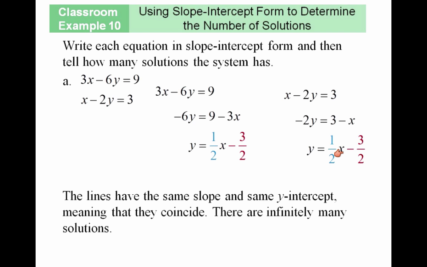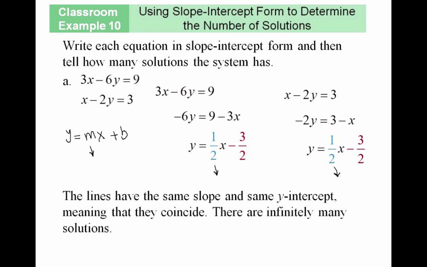Remember, y is equal to mx plus b. If I write standard form as y is equal to mx plus b, the coefficient of x is my slope. So here is the slope of the first line, and this is the slope of the second line.